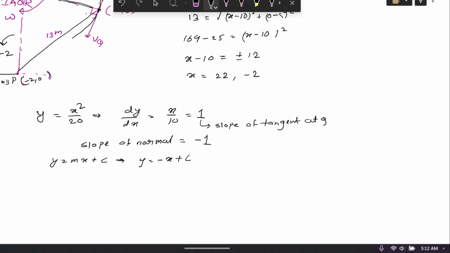Since this straight line is passing through 10 comma 5, 5 is equal to minus 10 plus c. It implies c is equal to 15. So now we have the equation y is equal to minus x plus 15.